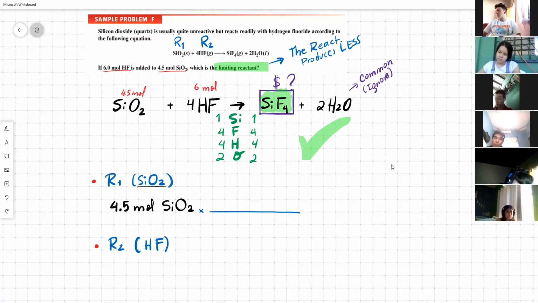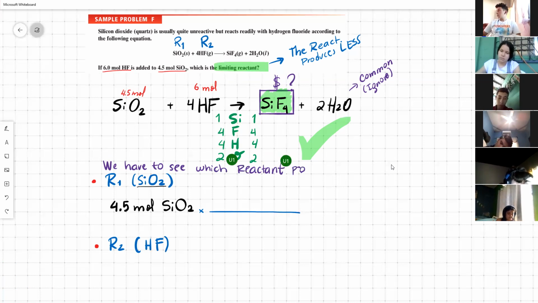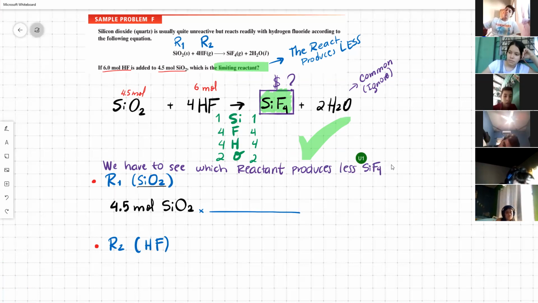So we have to see which reactant produces less silicon tetrafluoride, the product that you care about.